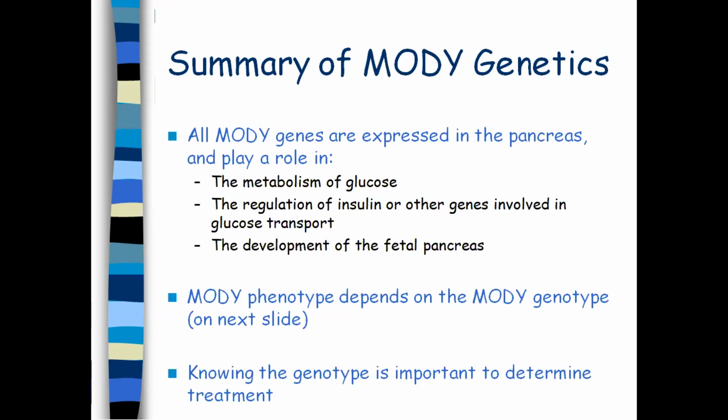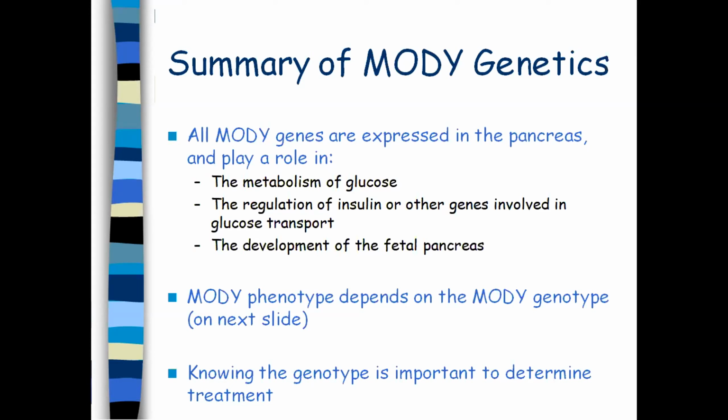Some of the genes are involved in transportation of glucose to kidney, liver, muscles, RBC, and due to affecting glucose transport, there will be no proper check on glycemia. And the last one is development of the fetal pancreas. If the pancreas does not develop properly, there is a chance that proliferation of pancreatic beta cells will not be proper, which may hamper release of insulin in later stages.